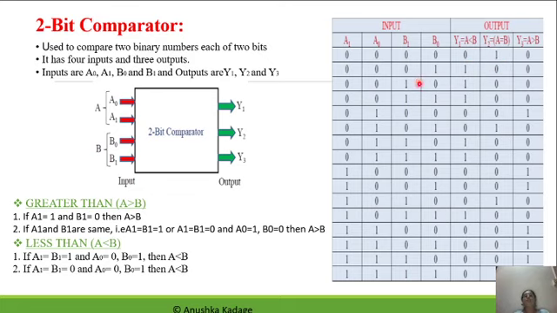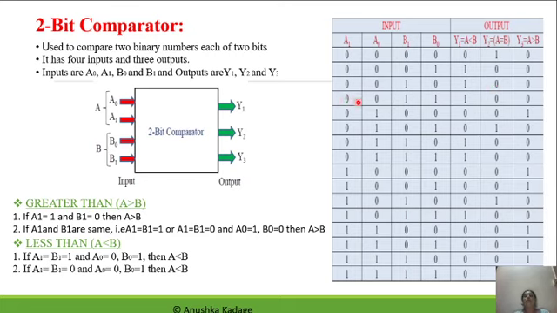Consider the next case in which A0 and B0 are the same, so it doesn't matter, but the A1 value is less than the B1 value. Because of that, in this situation also A is less than B is true, so that will be set to 1 while the other two outputs will be 0.